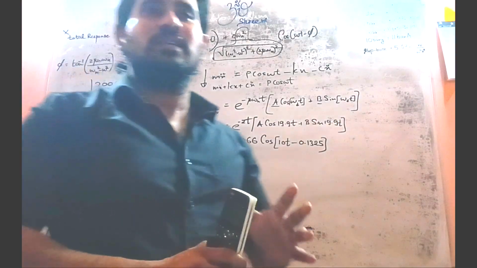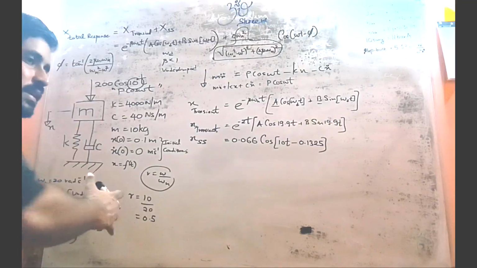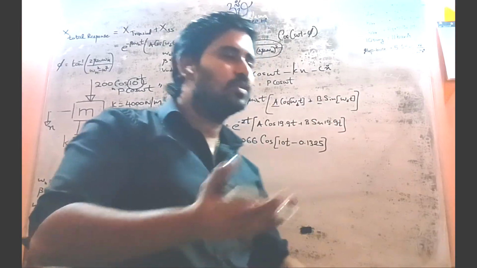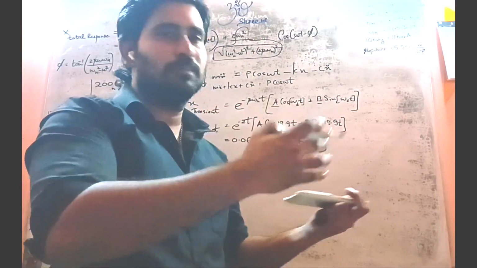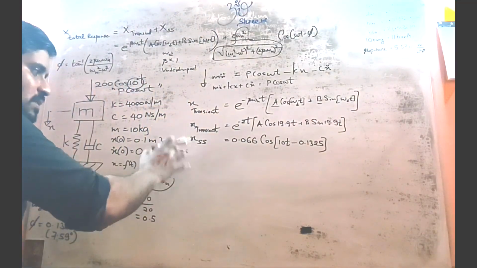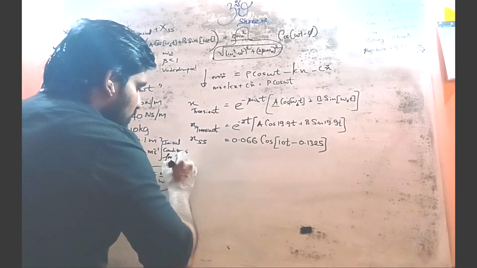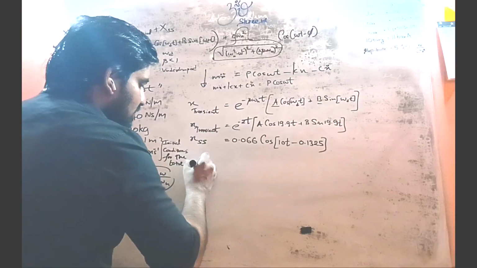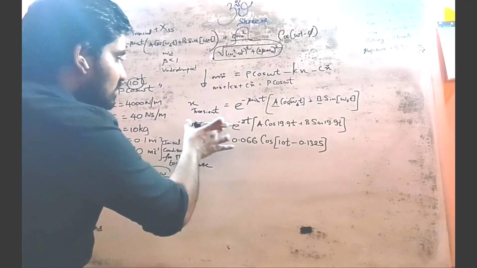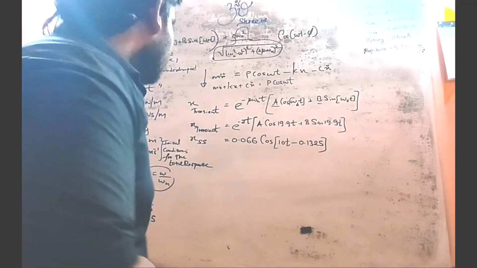No, these initial conditions are actually given for the total response, not only for the transient part. I hope that part is clear. So don't apply these initial conditions only to the transient solution.